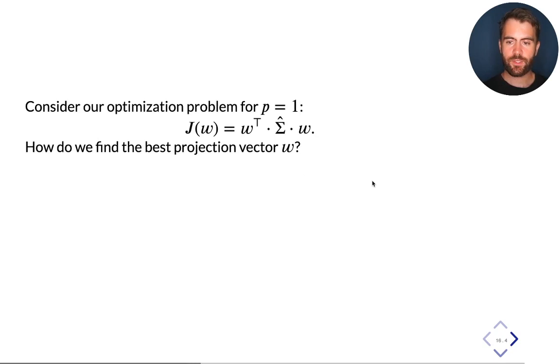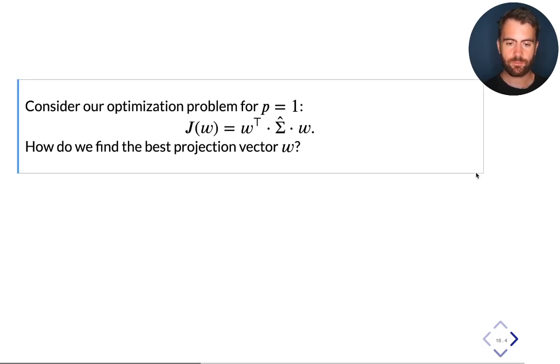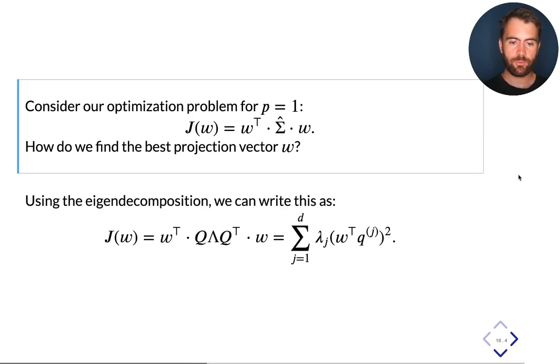First, let's look at a simpler case when p equals 1. When p equals 1, this is the objective that we have to optimize. We only have a single vector w that we optimize, and we want to choose the best w that maximizes the following objective. So how do we choose this w?